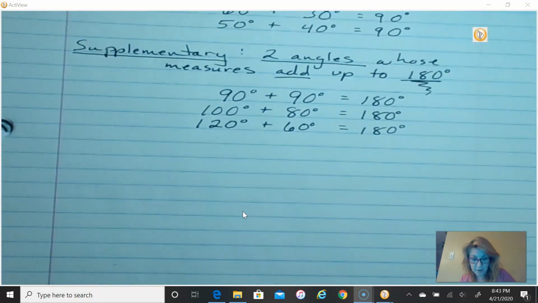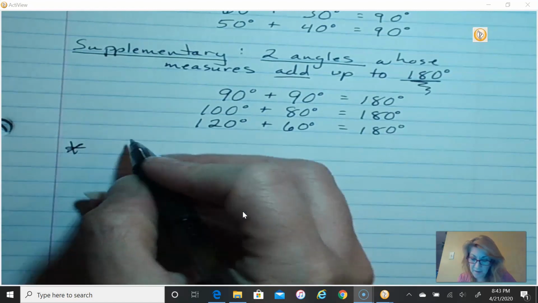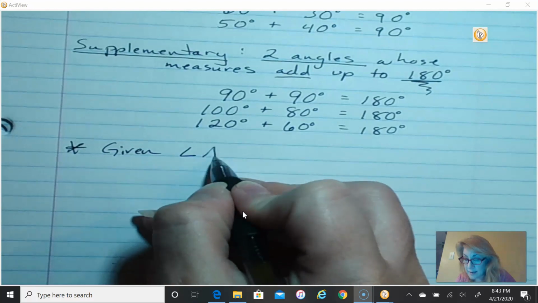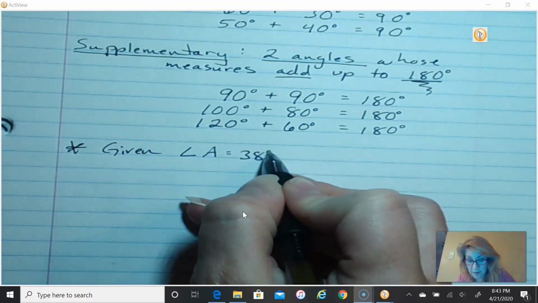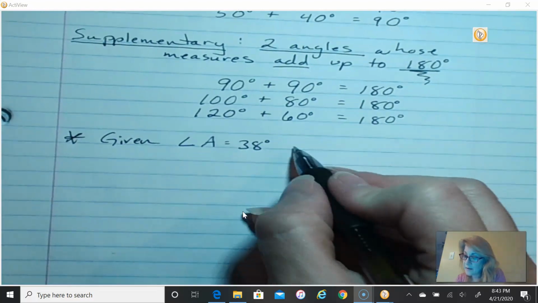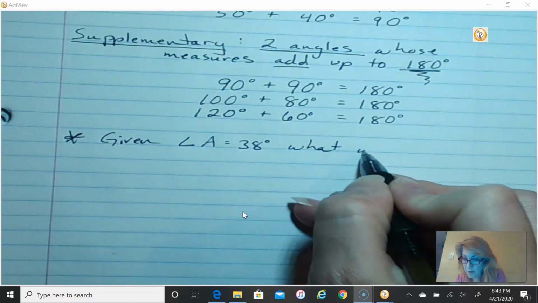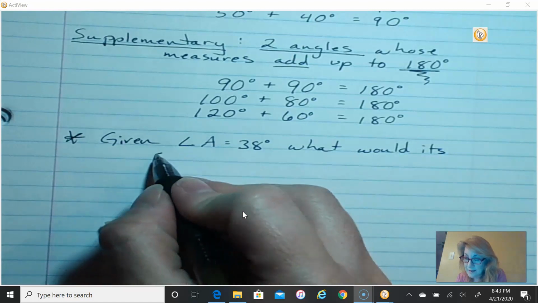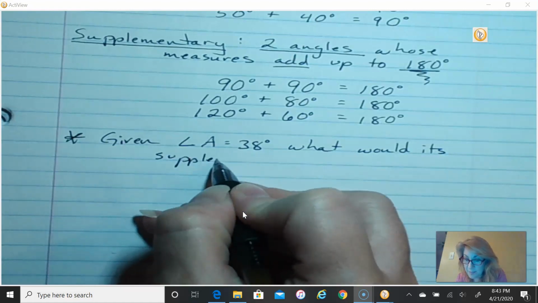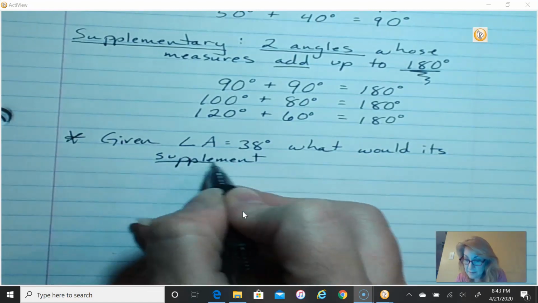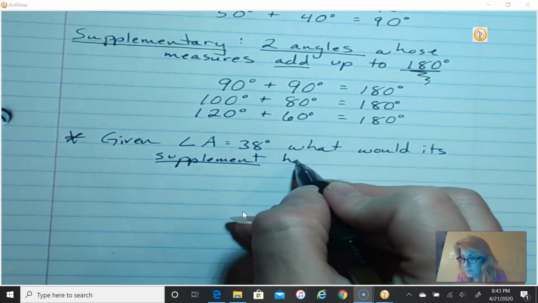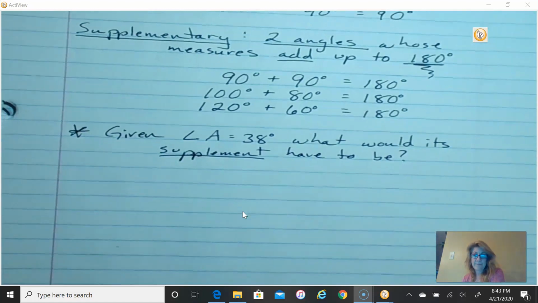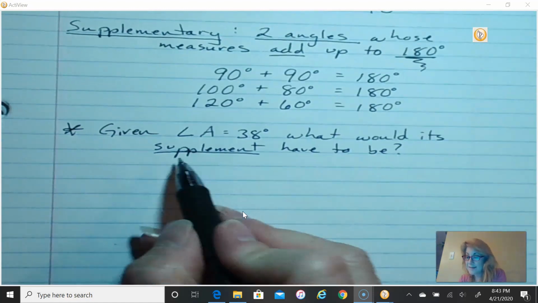Okay, let's move on. For example, if you were given angle A equals 38 degrees, what would its supplement have to be? Okay, supplement.